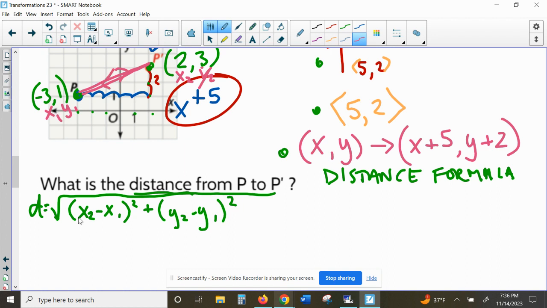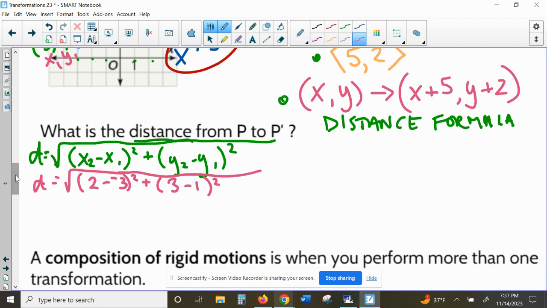Okay, so let's start plugging these in. So I've got d is equal to square root x sub 2. You should pause the video, do this yourself, see if you remember it. Minus a negative 3 squared plus y2 is 3 minus a 1 squared.